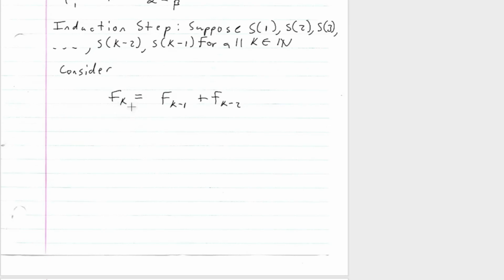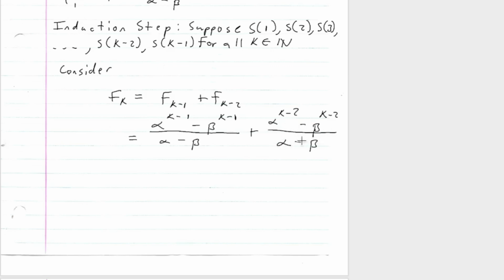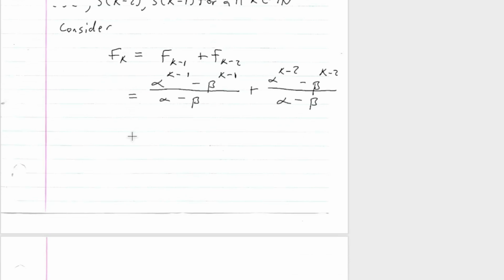So from our assumption, this means that the (k minus 1) Fibonacci number is equal to (alpha to the k minus 1 minus beta to the k minus 1) over (alpha minus beta). And the (k minus 2) Fibonacci number is equal to (alpha to the k minus 2 minus beta to the k minus 2) over (alpha minus beta). Okay, so the good thing about this is we have a common denominator, right? So I'm going to put the alphas together.